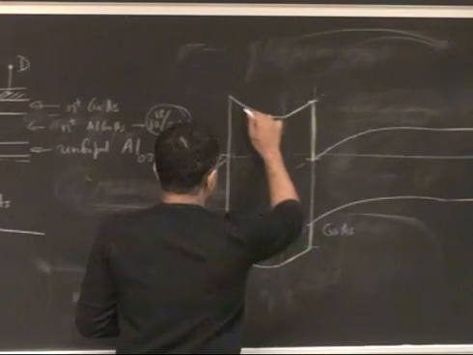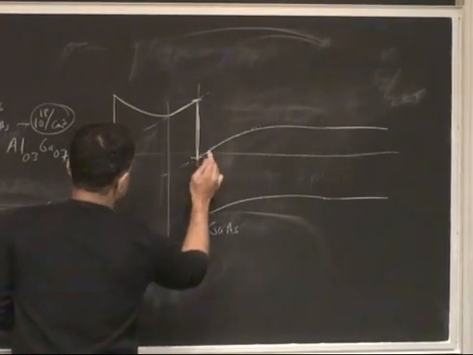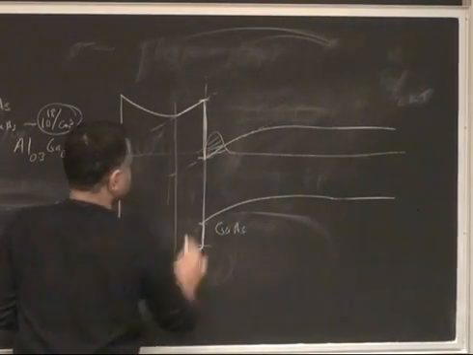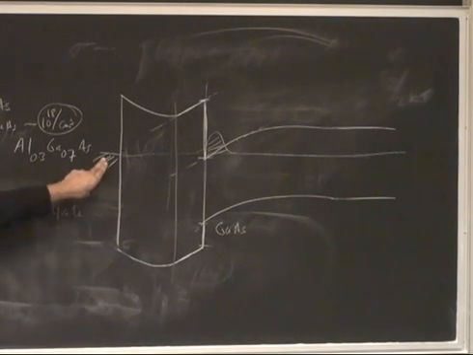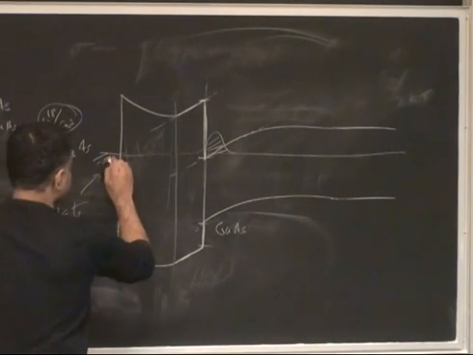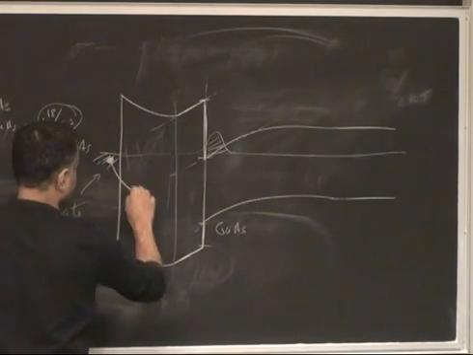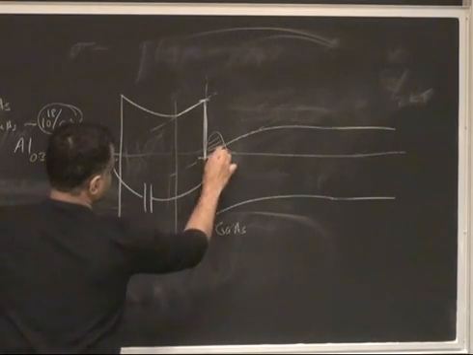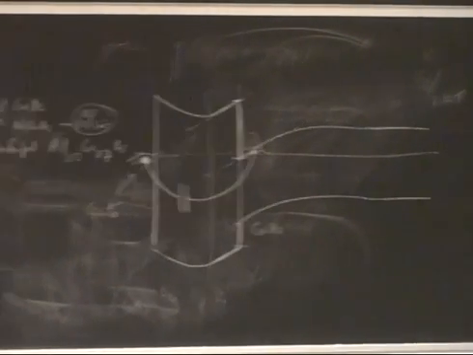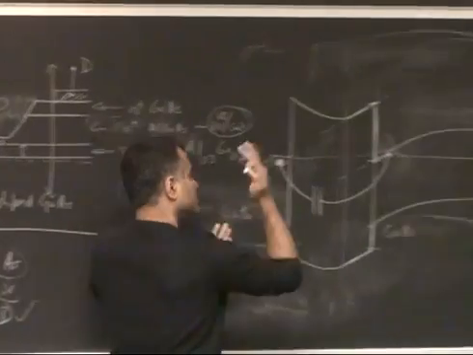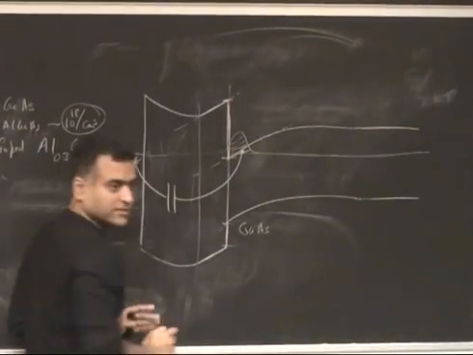What do you have? You have a depleted insulating AlGaAs region, and you have an electron gas sitting here. It's a two-dimensional electron gas now. It's sitting very close to the gate metal, and the sea of electrons in the metal and the electron gas here are coupled capacitively. It's a parallel plate capacitor. That's all there is to it. It's a parallel plate capacitor between the 2D electron gas and the metal plate.